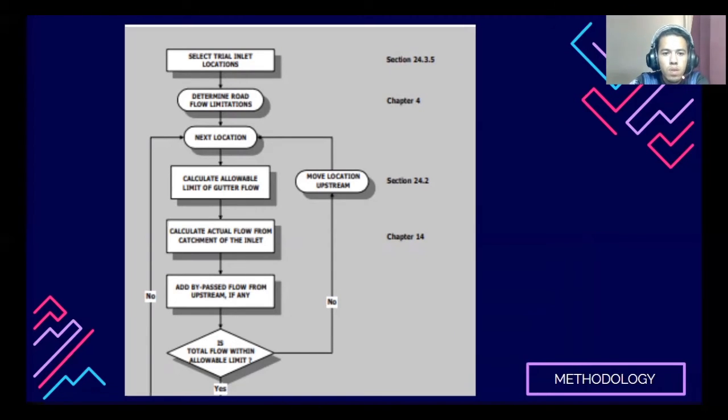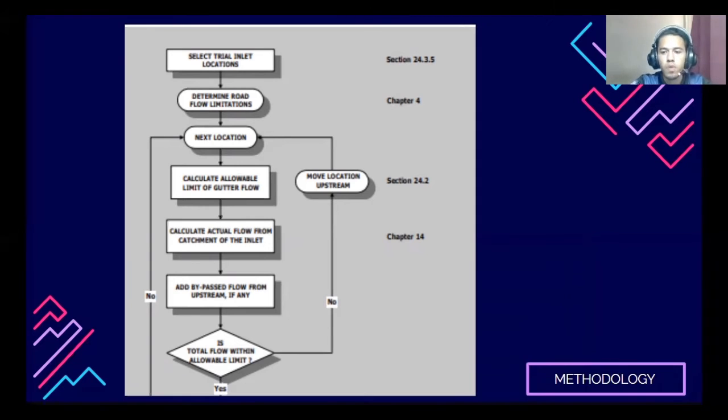The procedure focuses on how to locate the inlet. First and foremost, locate one location as a trial inlet, then determine the road flow limitation and go on to the next location.